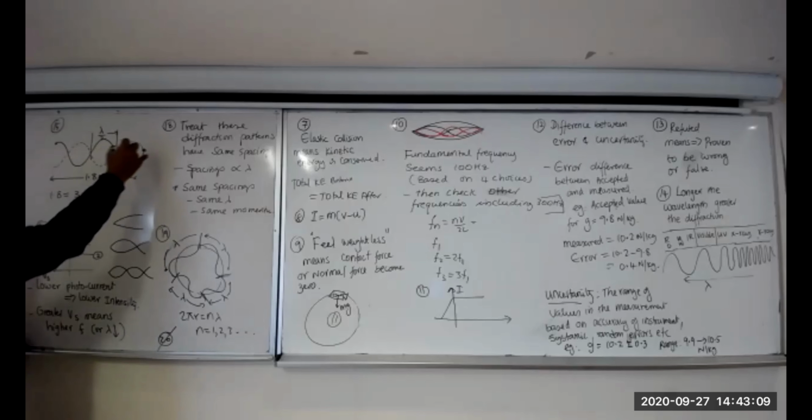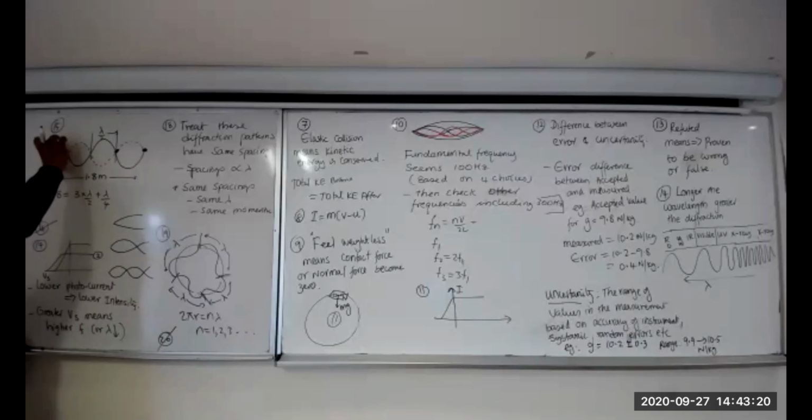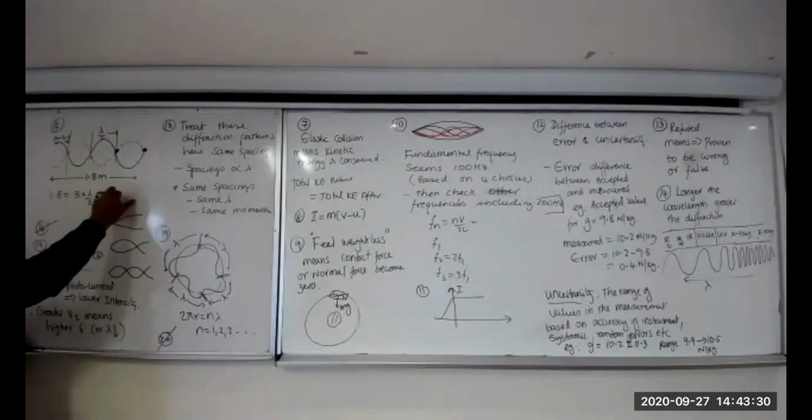If you start counting from node to node, that distance is half a wavelength. So 1, 2, 3, three half wavelengths here, plus the last bit is a quarter of a wavelength. If I simplify that, that's going to be 7 lambda on 4.